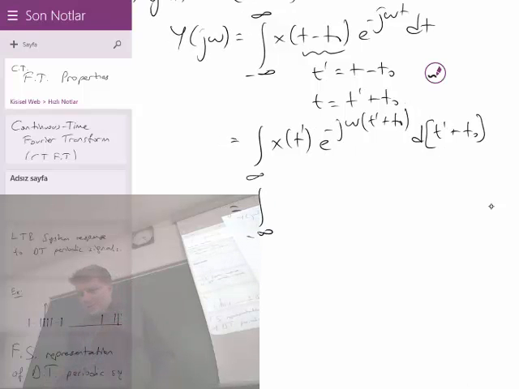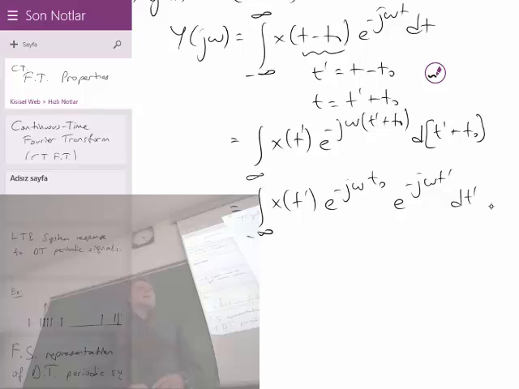So from minus infinity to infinity, x of t prime e to the minus j omega t0 e to the minus j omega t prime, and I'm going to write here dt prime, not dt prime plus t0, because t0 is a constant and its differential will not be affecting the differential dt prime. In other words, d of t prime plus t0 is dt prime.